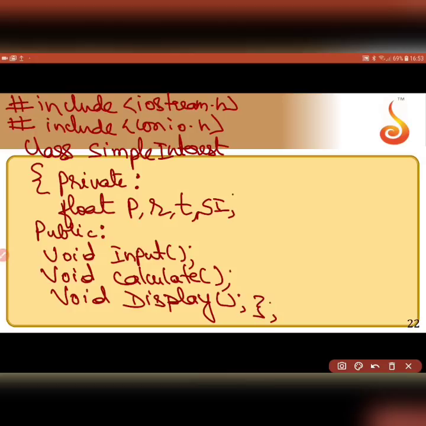So these are the function declarations, that is void input, void calculate and void display, and data members are P, R, T and SI, which is of type float. Name of the class is simple interest. Have a look. This is called function declaration. I have declared it. I will be defining it outside the class.